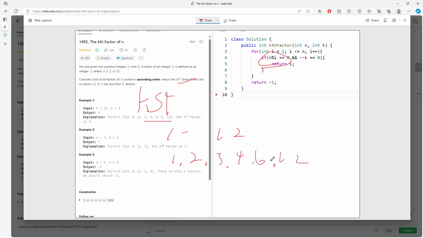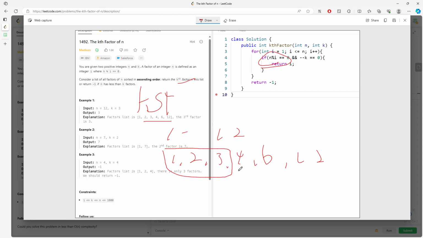But we know 6 multiplied by 2 is 12, so basically we can get rid of the rest of that. In this case, if we can tell 1, 2, 3, I believe you can guess 4, 6, 12.